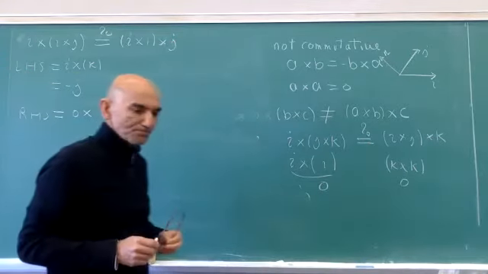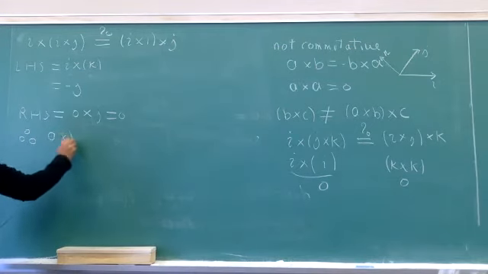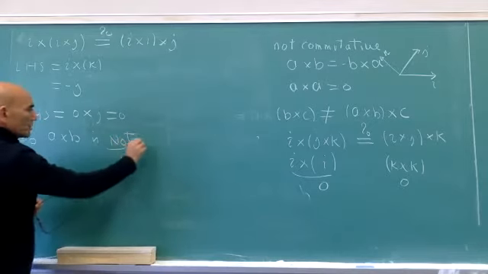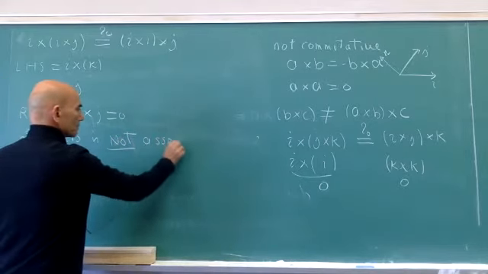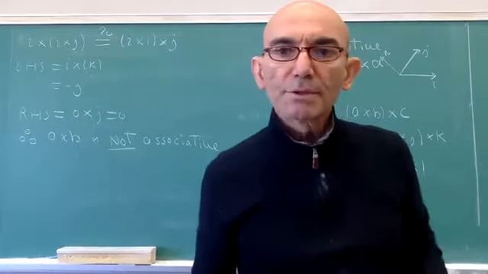So this is a property of non-associativity. So we conclude that A cross B is not associative. That's important. That's good. Any comments or questions? No.